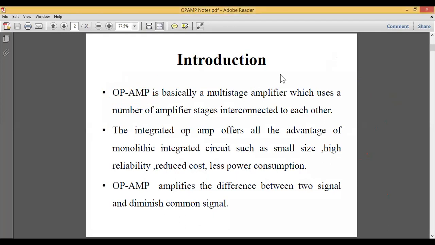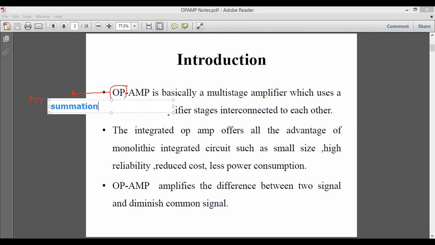So therefore I can design application oriented devices by making use of this operational amplifier. But what do you mean by the term operational? It is as equal as our mathematics. So operational, or the different operators we use in mathematics, like addition. Here instead of addition we call it summation. By making use of your operational amplifier, we may go for different types of applications.